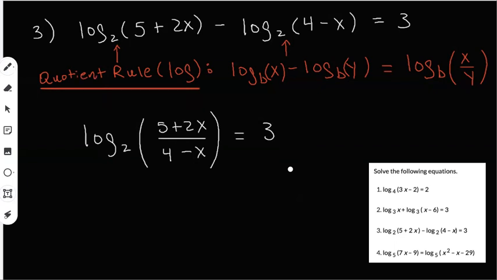And now I can take both sides to a base of 2. So the first one, I'm going to have a base of 2. I put the left side as the new exponent. That's going to be log base 2 of this fraction right here, and it's going to be equal to a base of 2 with an exponent of 3.